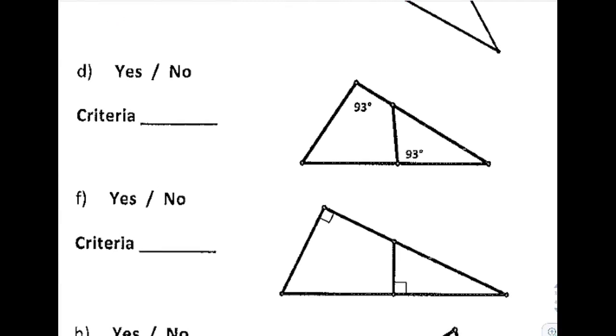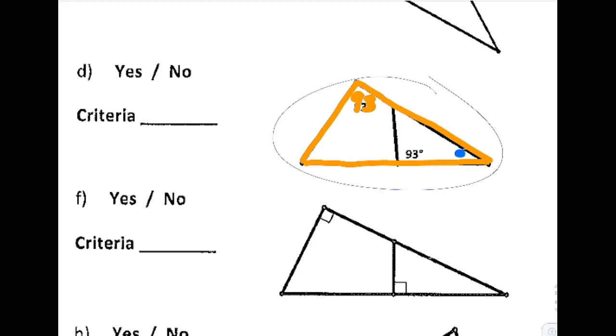In D, this one you have to take apart to really understand it. So you could use patty paper, or watch me here. You have a 93 at the top, and I'm going to mark that angle with a little blue dot.